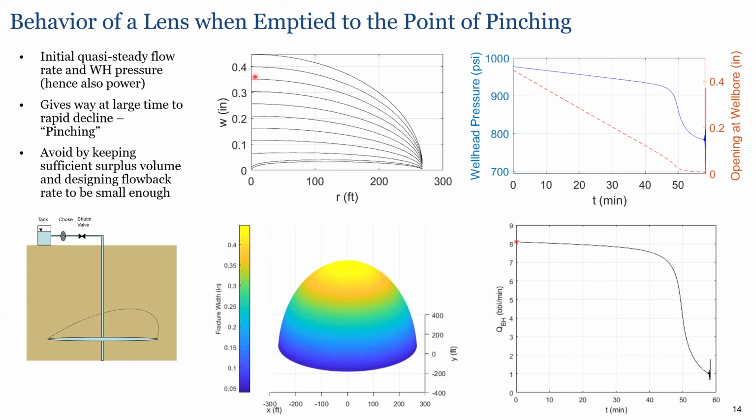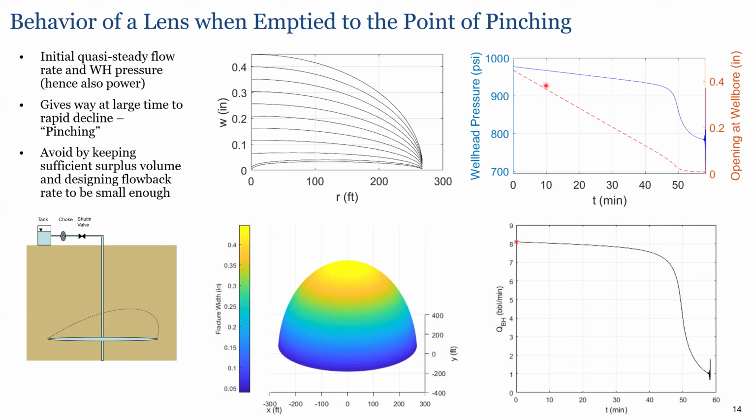So it's starting at roughly 10 millimeters width at time equals 0, and then flow back commences. Fluid starts flowing out of the well, and the width decreases with time. As that happens, the wellhead pressure steadily declines in a kind of linear manner, along with the flowback rate slowly declining in a linear manner.